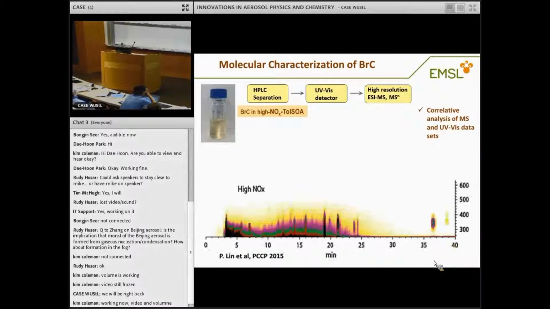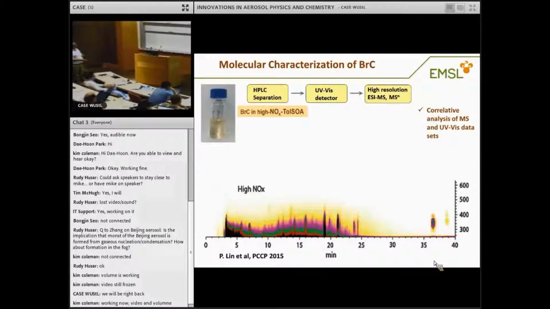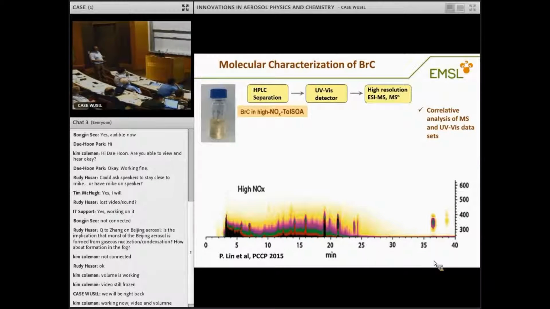What I show you here is a two-dimensional plot of the UV data. This is the retention time, or separation time on the column. These are the wavelengths, and the colors that you see are the intensity of the UV spectrum.